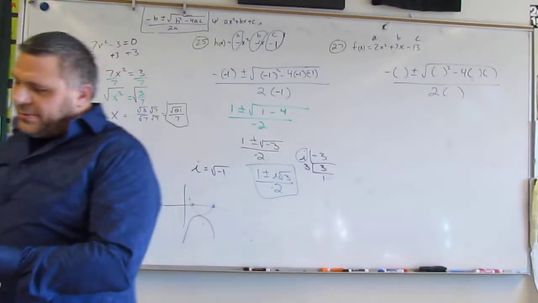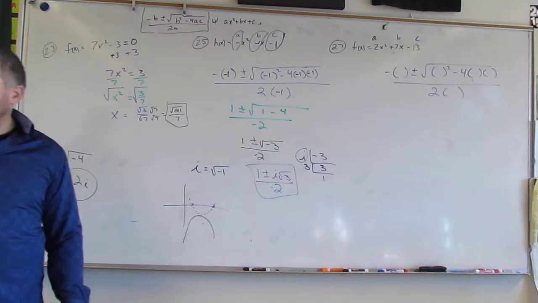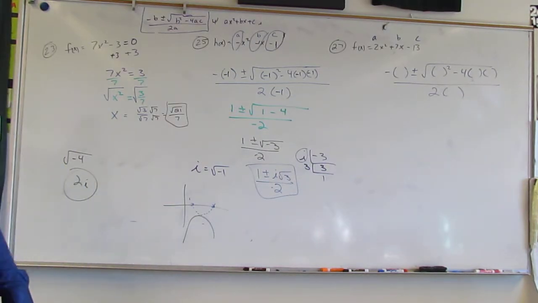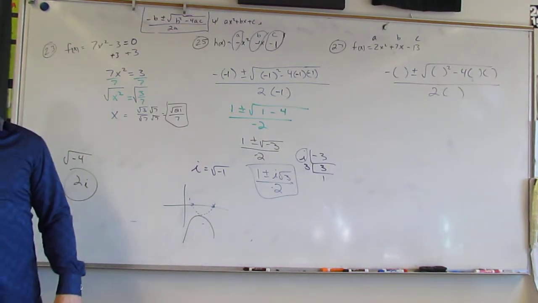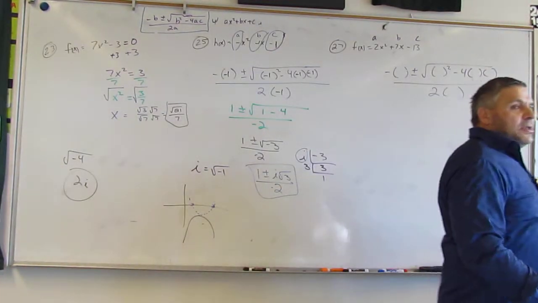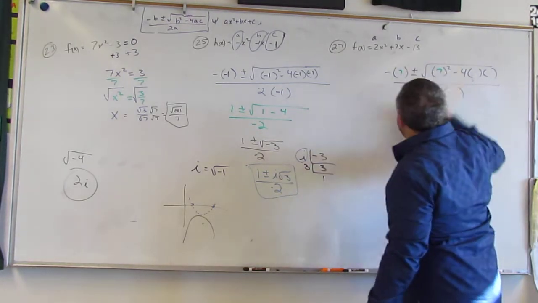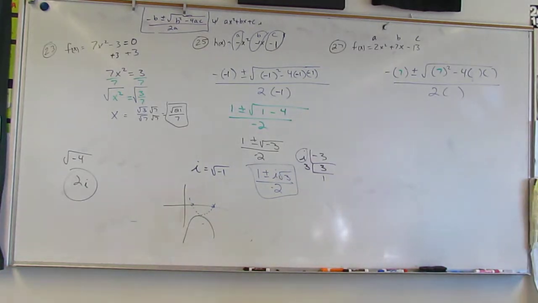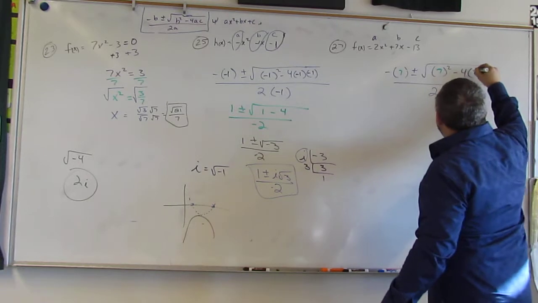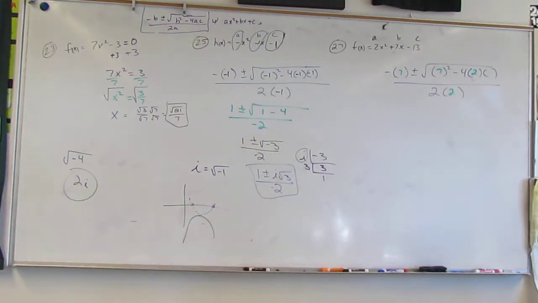Alright, what's B? 7. What's A? 2. Not x. Okay, good. Finally, somebody came up with the 2.